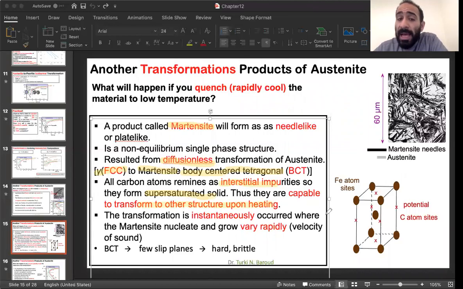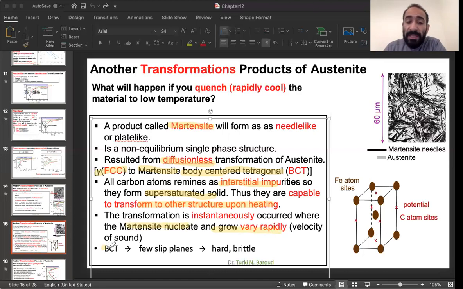Now this martensite, we said pearlite and bainite, sorry, martensite is a non-equilibrium single-phase structure. Non-equilibrium means that if you leave it for a longer time or maybe you heat it, what's going to happen? It might transform to another microstructure that's more stable. Okay, great. So the transformation occurs instantaneously, with the martensite nucleating and growing very rapidly.